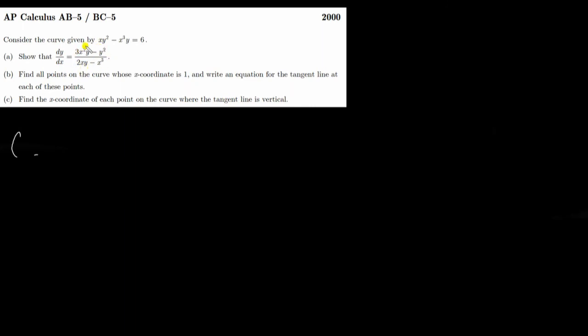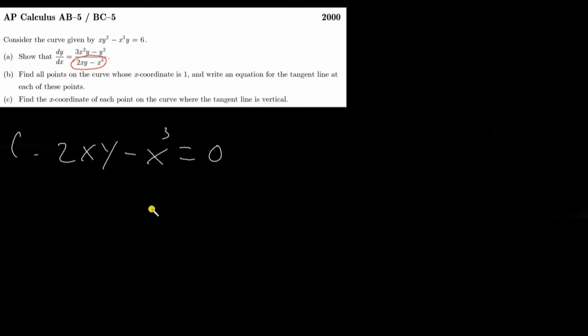The derivative is going to be undefined when the denominator equals 0. So if the bottom equals 0, then the slope is undefined. So we're going to take 2xy minus x cubed and set it equal to 0. And this is going to give us all the coordinates, x comma y, where if you plug that into your curve, you'll get a vertical tangent line at that point.